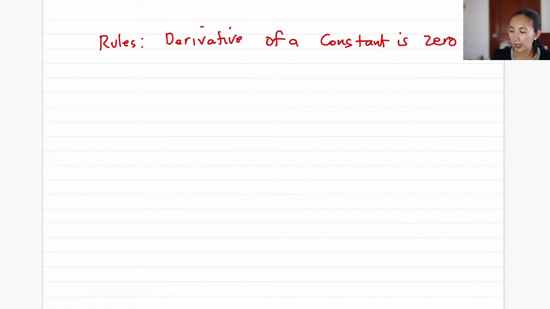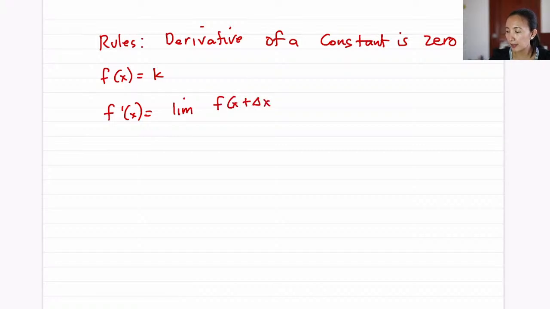So, if f of x is equal to k, where k is any constant, then f prime of x, using the definition, is limit of f of x plus delta x minus f of x. Proving ito, let's prove that the derivative of a constant is 0.